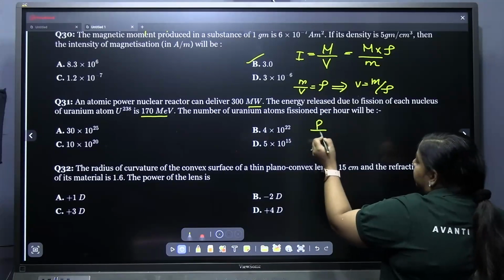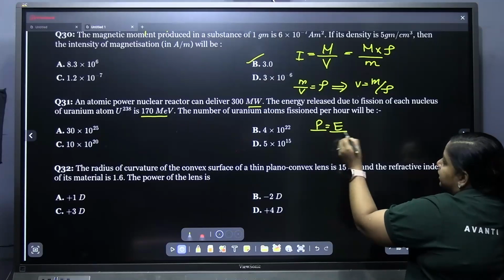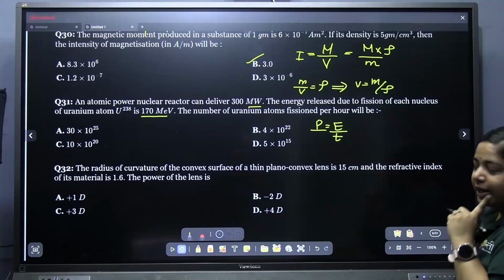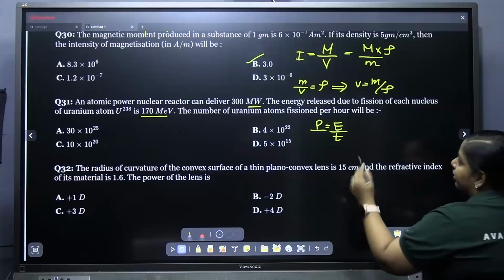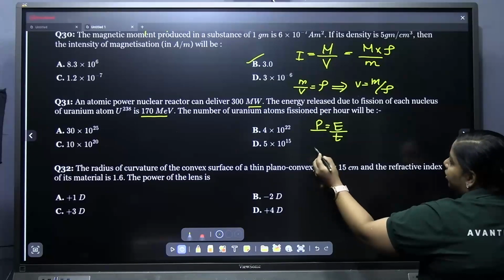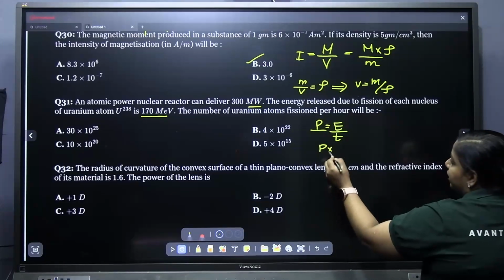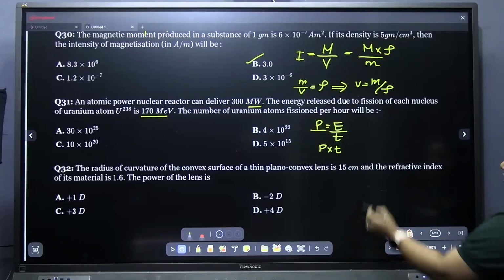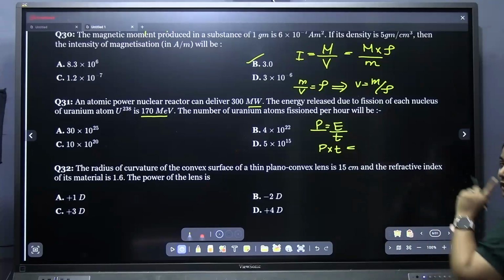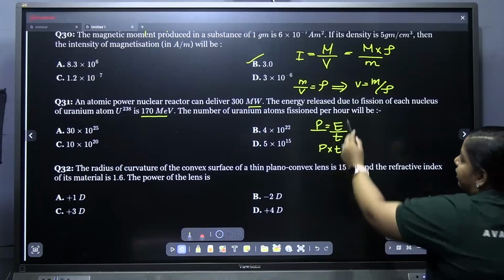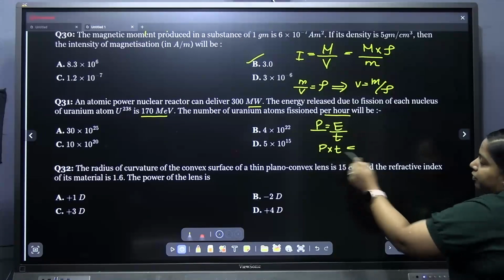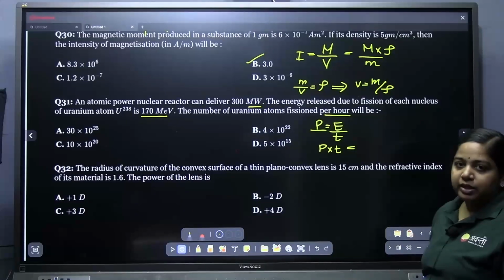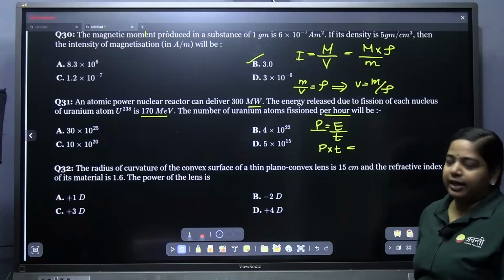Power is equal to energy by time. So, if you want to calculate total energy, what you have to do? Power into time is equal to total energy, right? Time is given as 1 hour, so convert this into seconds. 1 hour equals 60 into 60 seconds.